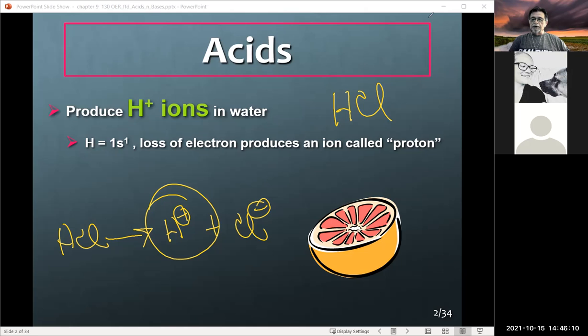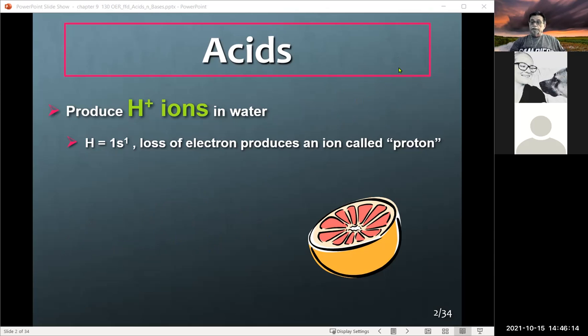Some properties about an acid, which you're familiar with: they tend to taste sour. Vinegar, pretty sour, right? Lemon, grapefruit, those are acids and very acidic. They're also very corrosive. They will break down some metals, not all.